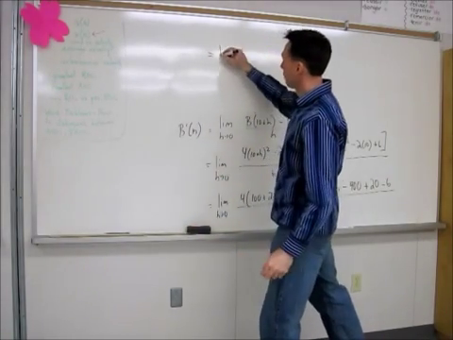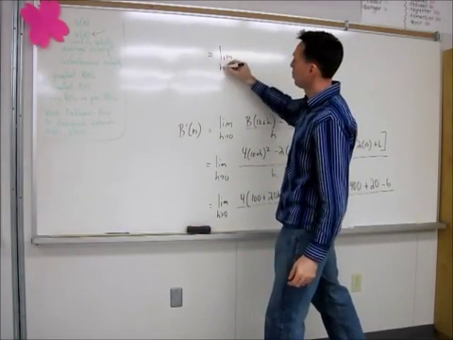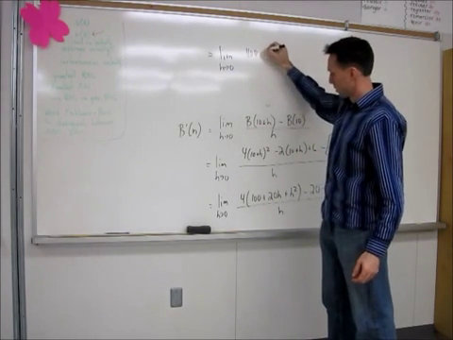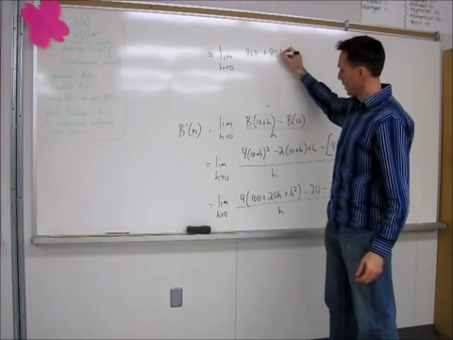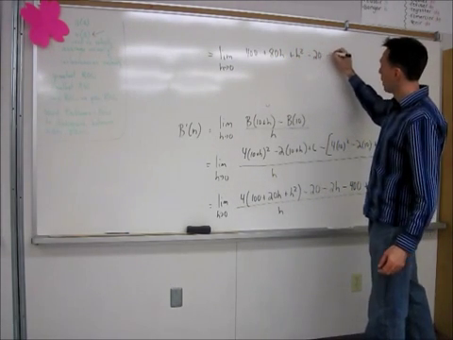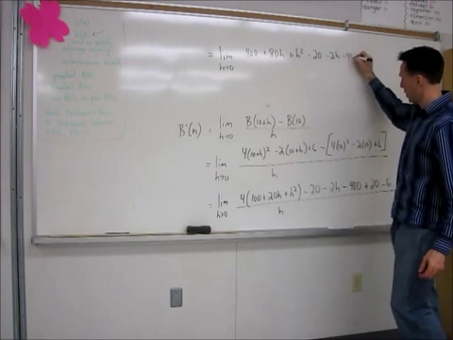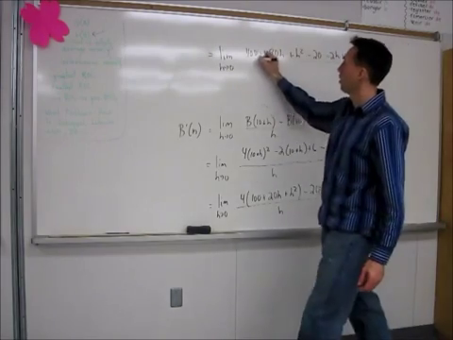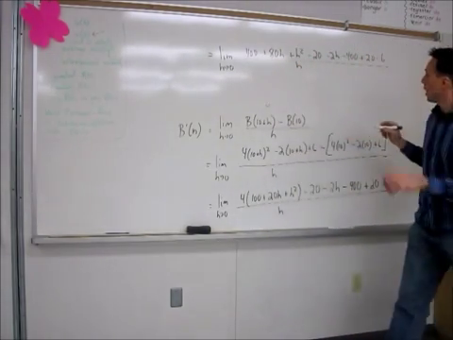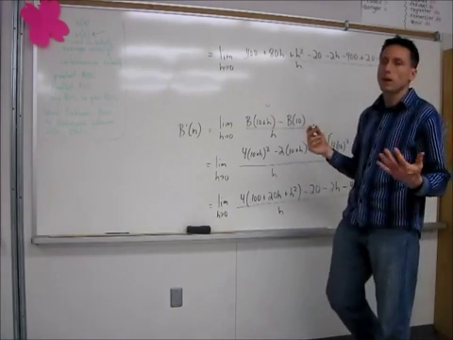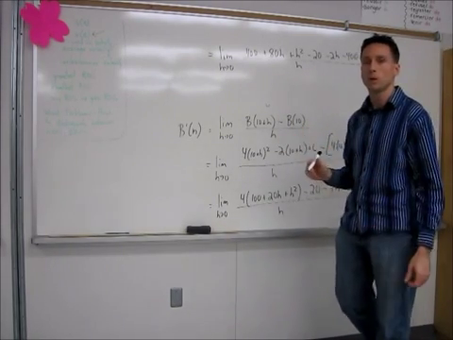This is equal to the limit, as h approaches 0, of 400 plus 80h plus h squared minus 20 minus 2h minus 400 plus 20 minus 6, all over h. In this last part, we know that everything without an h, we can expect it to disappear on us.